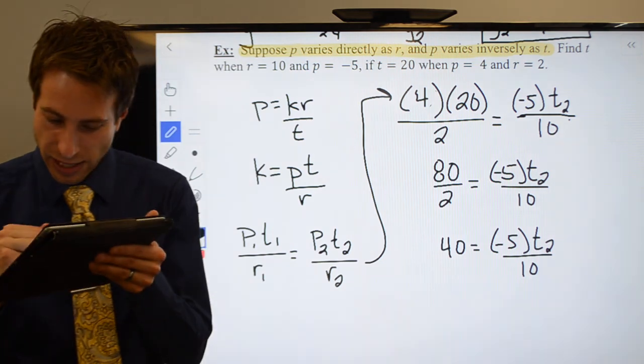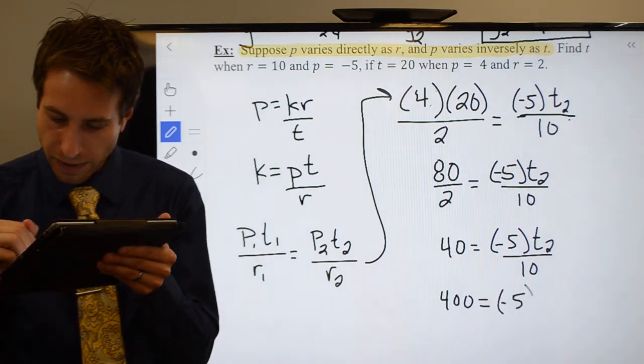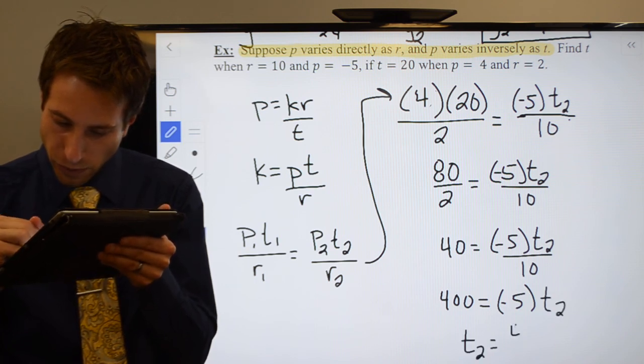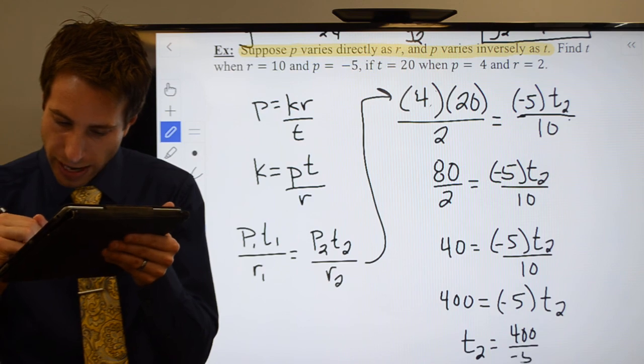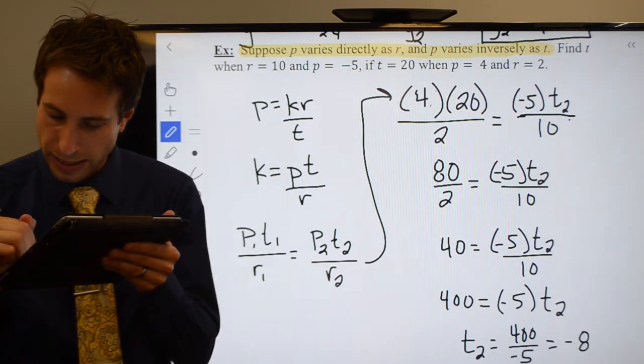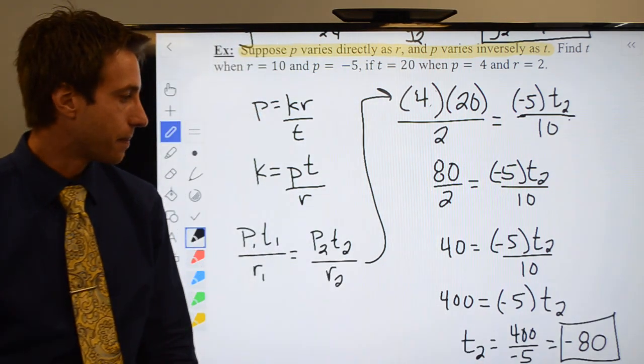Multiply the 10 to the other side. 400 equals -5 times T2. T2 is equal to 400 divided by a negative 5. Again, don't fat finger something on your calculator. T2 should be a minus 80.